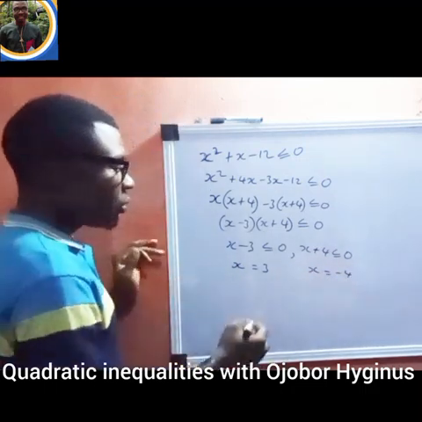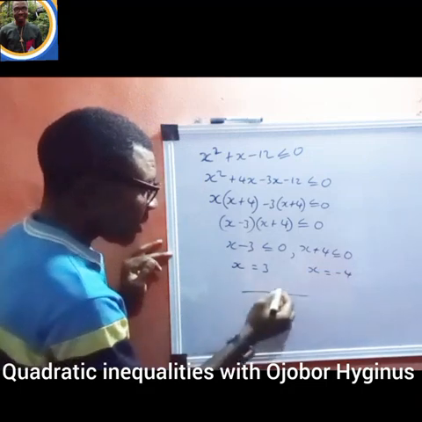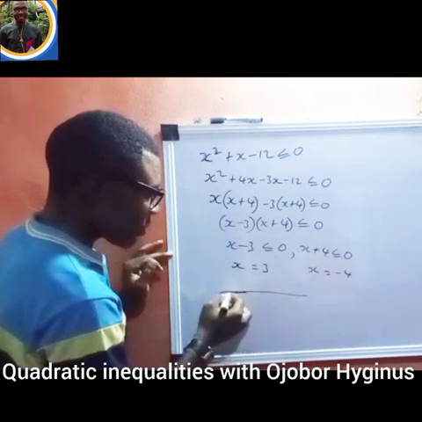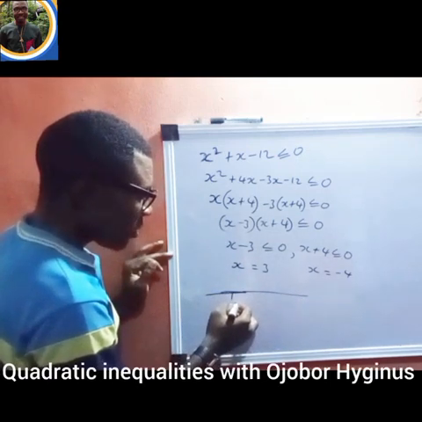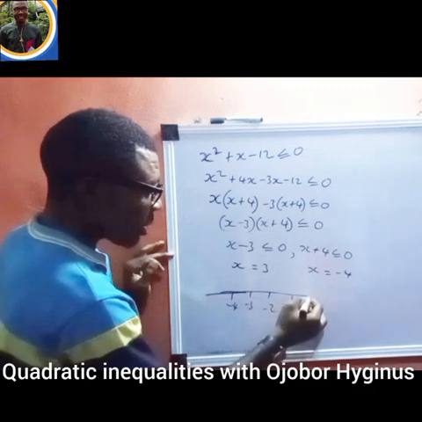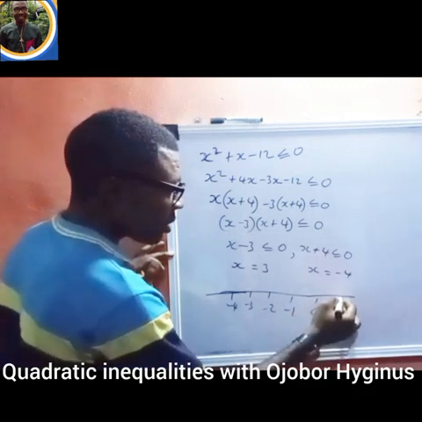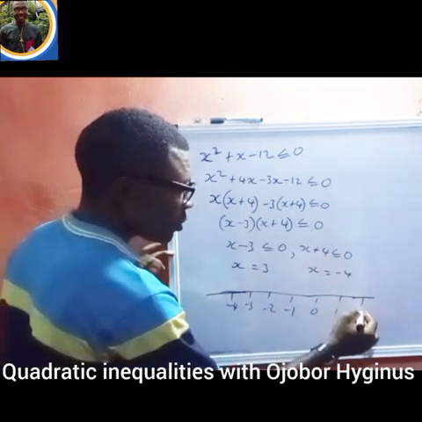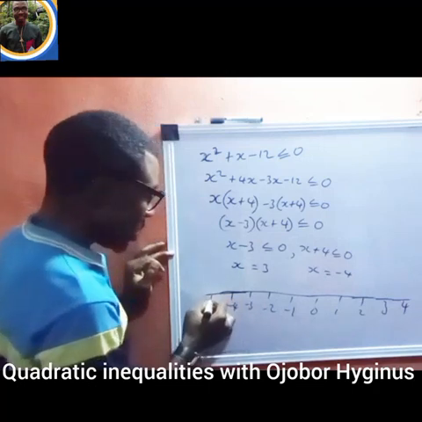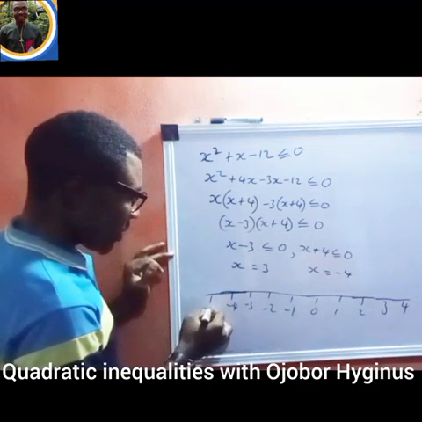Okay? Now, you know in our number line, you identify these 2 points, 3 and minus 4. So let's say this is minus 4, you have minus 3, minus 2, minus 1, 0, 1, 2, and 3, of course 4, and then minus 5.